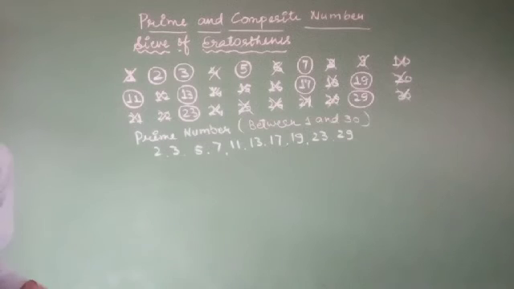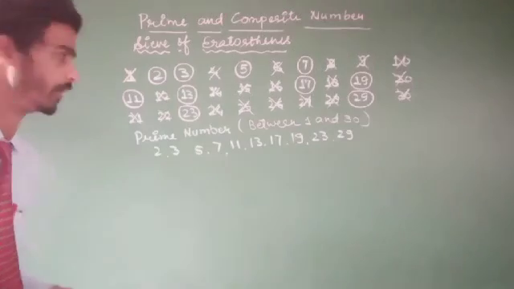All crossed numbers except 1 are composite numbers among the first 30 numbers.